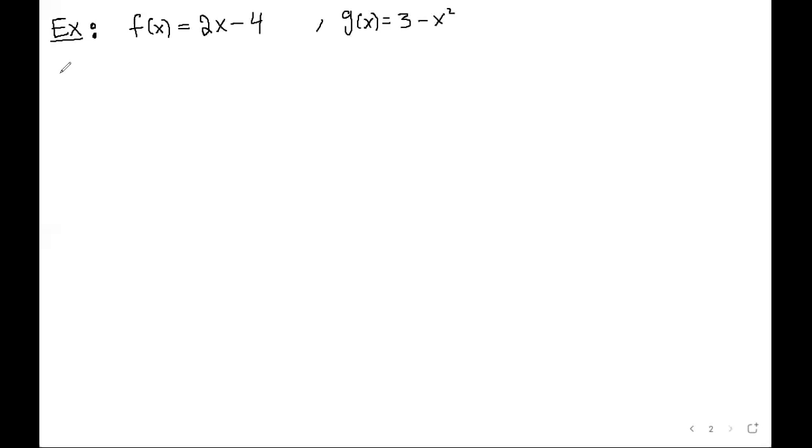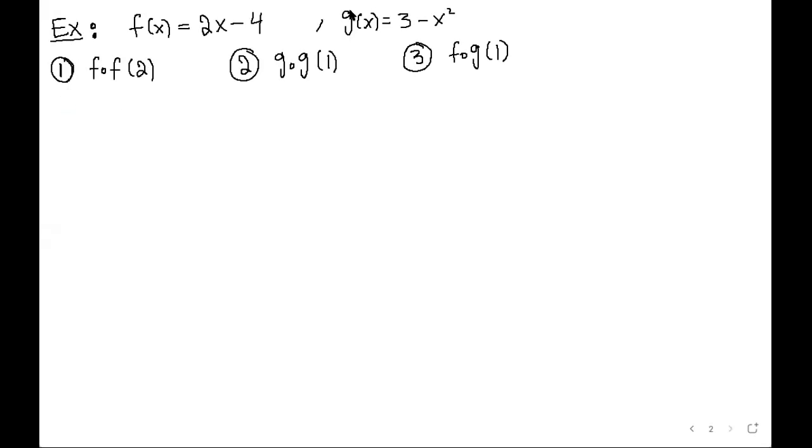First question, find f circle f of 2. Second part of the question is find g circle g of 1. Third part of the question is f circle g of 1.